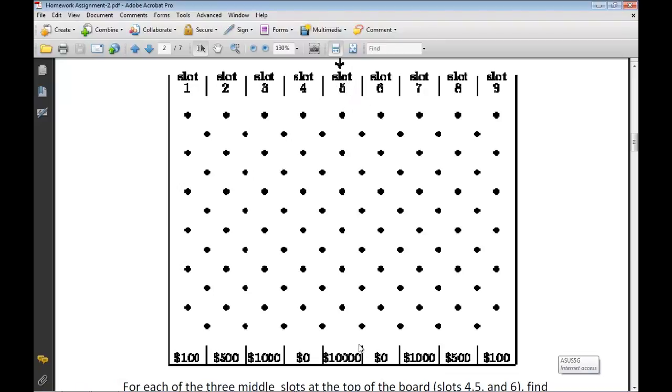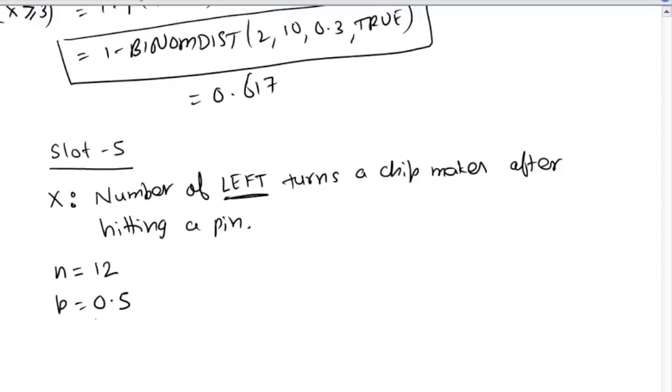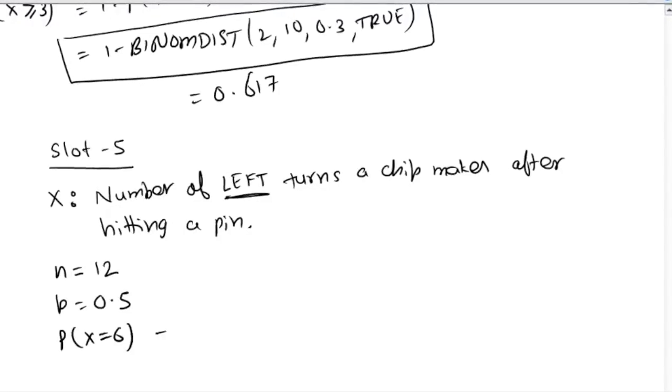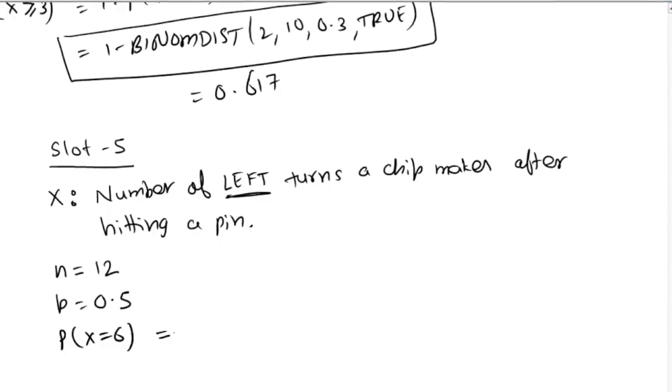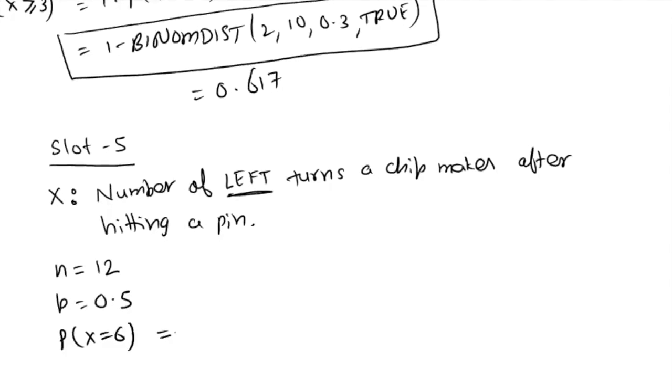What we need to figure out is, starting from slot 5, how many left turns are needed for a chip to win 10,000. So suppose it starts here and takes a left turn. So 1, 2, 3, 4, 5, 6, and then all the remaining, if they are on the right, it will reach 10,000. So we find the probability of x equals 6, like 6 left turns. Now these 6 left turns can be in so many different ways.